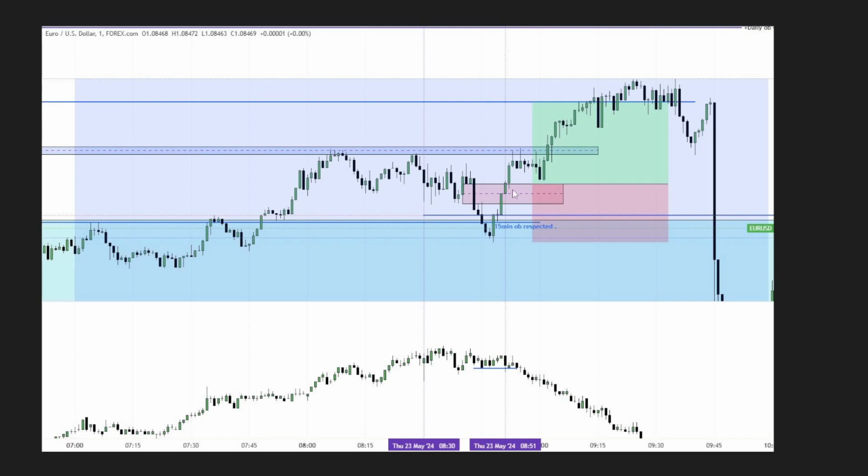Here, the last swing is here, and the targets are the external liquidities. This is one of the external liquidities and the other one. So we can take a trade by putting SL here and entry here, targeting this external liquidity.